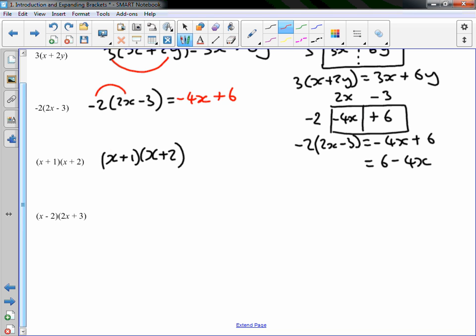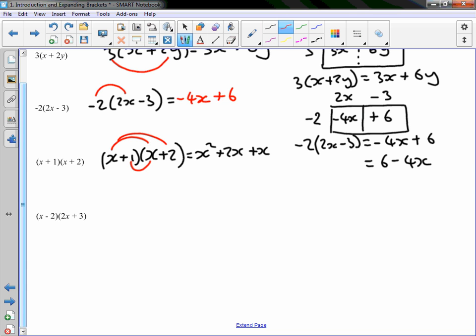So that means I've got x lots of x, so x squared. I have x lots of plus 2, plus 2x. I have 1 lot of x, plus x.